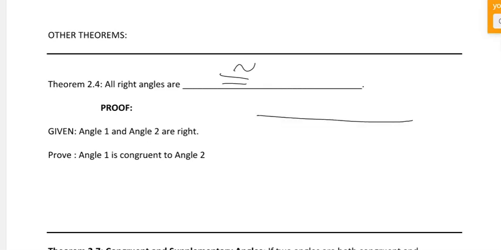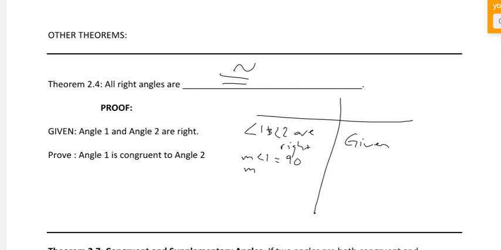If we wanted to do a proof for this, we'd say this. Angle 1 and angle 2 are right. How do I know that? It's given. If that's true, then the measure of angle 1 equals how many degrees? 90. Measure of angle 2 equals how many degrees? 90. By definition of right.